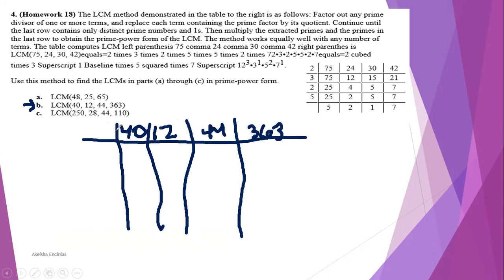So starting up here, I know that 2 can go into 40, so I'll put a 2 there. So 40 divided by 2 is 20. But we're going to keep going down the row.